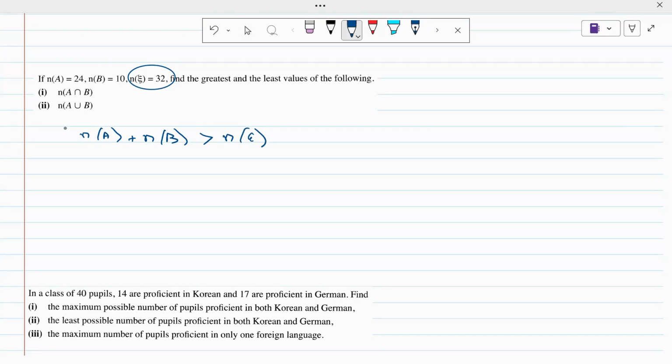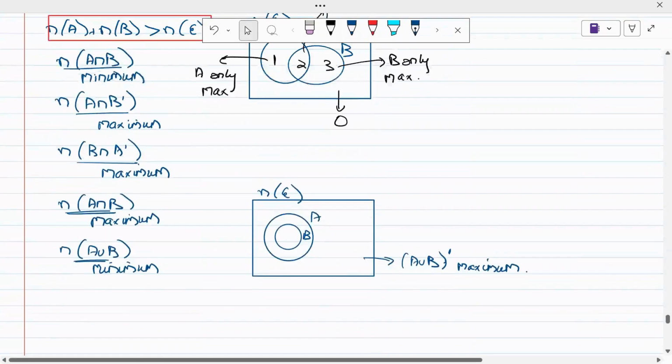In this case, we have 24 plus 10, which is 34, and that is greater than the universal, which is 32. That means we are not dealing with the first case.